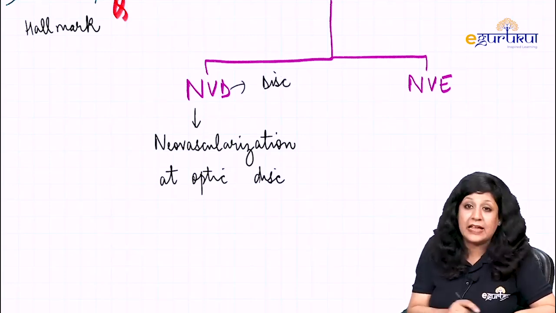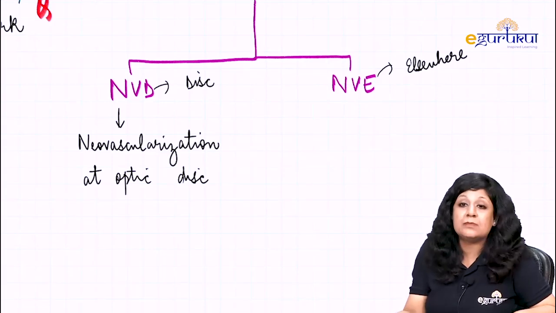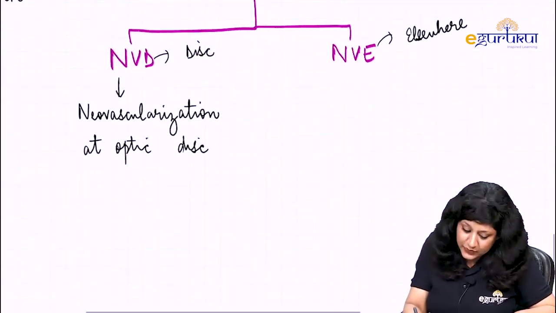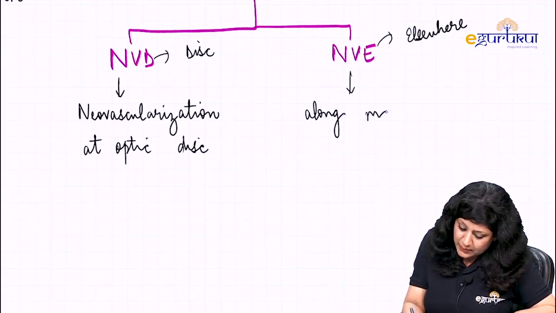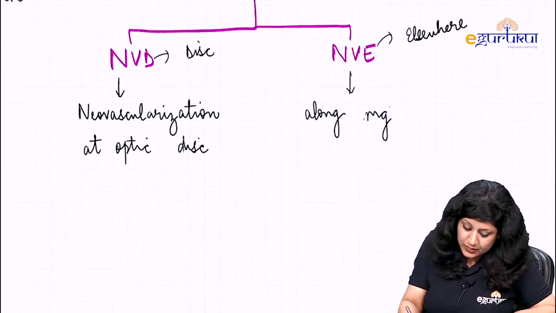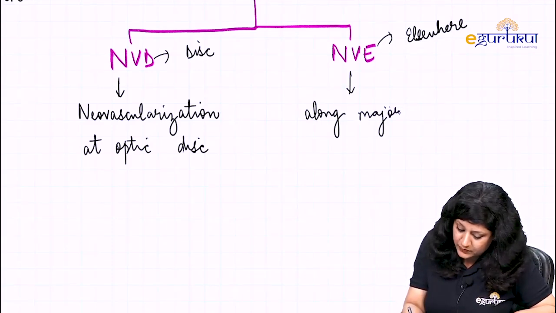While the second is neovascularization elsewhere. Now, what is the meaning of elsewhere here? Elsewhere means along the major blood vessels.